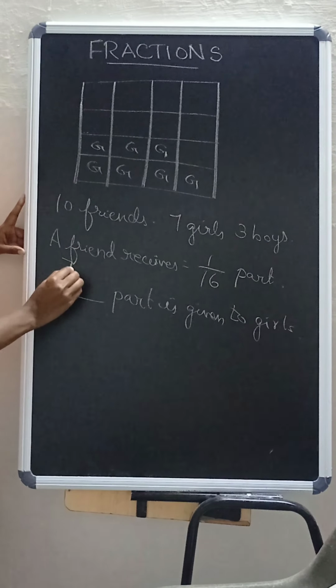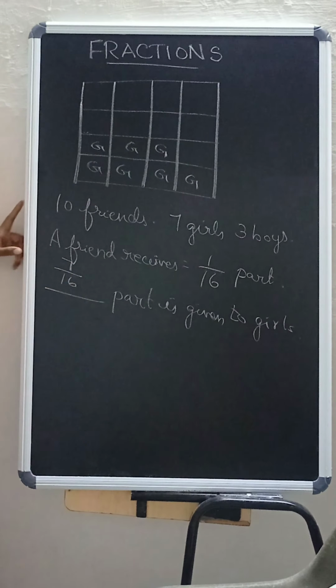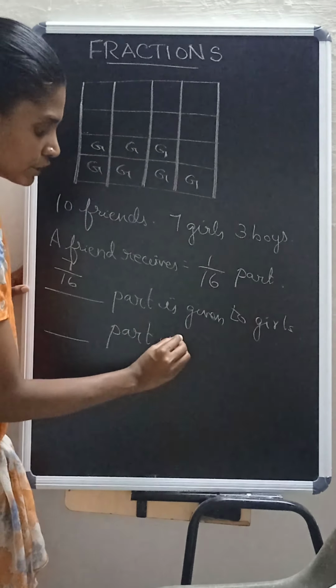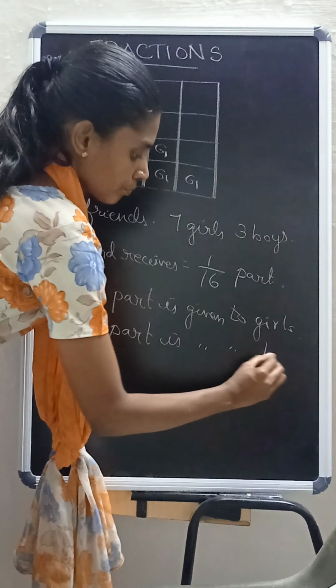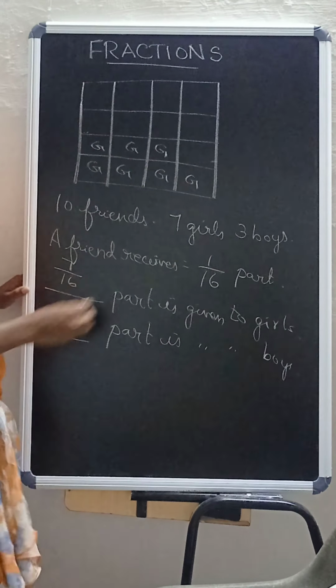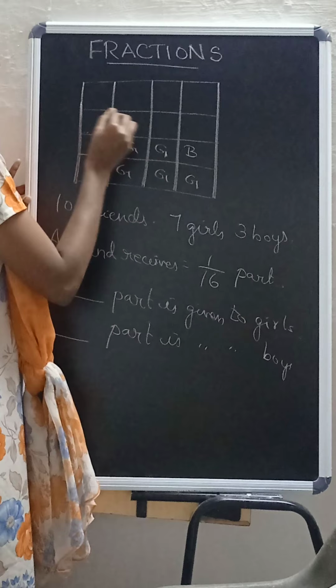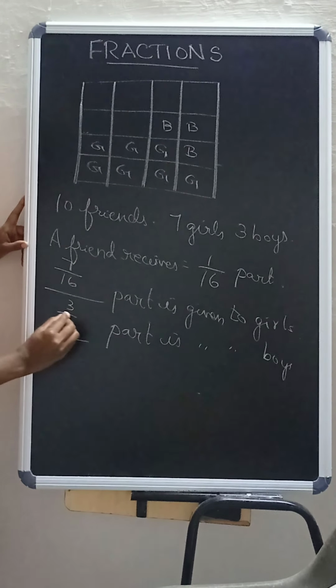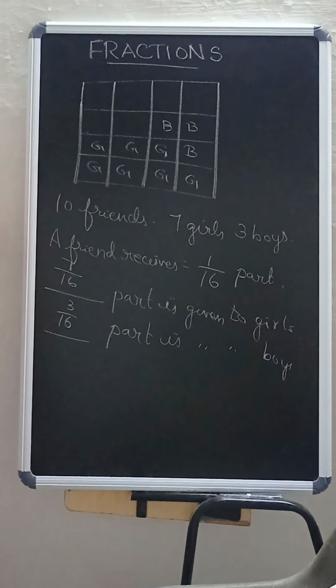So, 7 out of 16 part is given to girls. Dash part is given to boys. So how many boys are there? 3 boys. So 3 out of 16 part is given to the boys. Now you will represent the fractions like this.